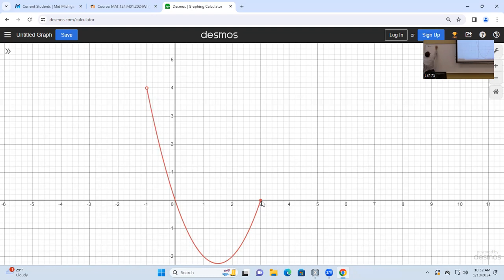I'm going to use inequality notation when I write this.